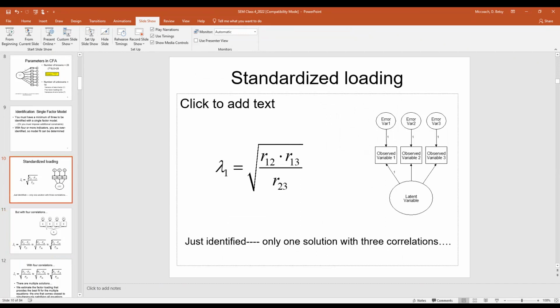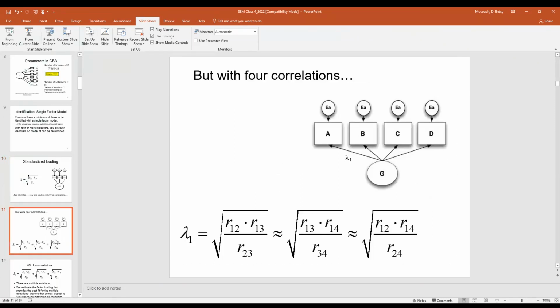But now with 4 correlations, there are actually 3 different ways to get an estimate of lambda 1. So I'm over-identified. And this is why when I take my parameter estimates, I'm not necessarily going to be able to perfectly reproduce the variance covariance matrix anymore.